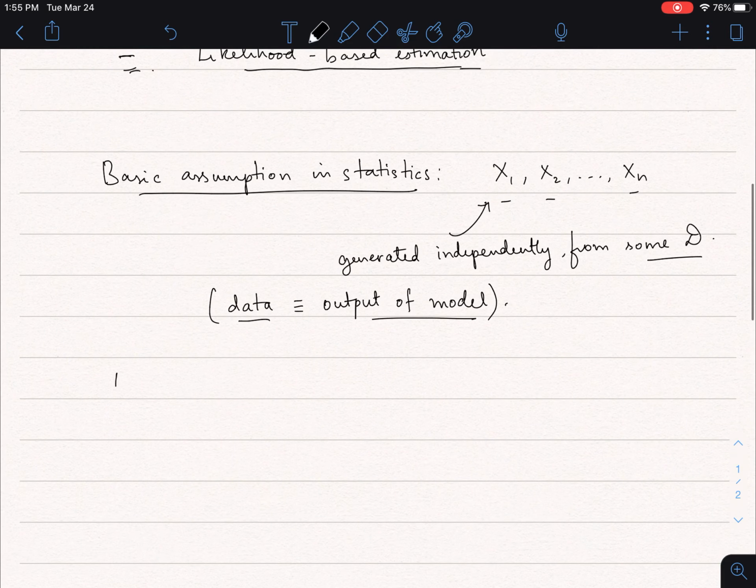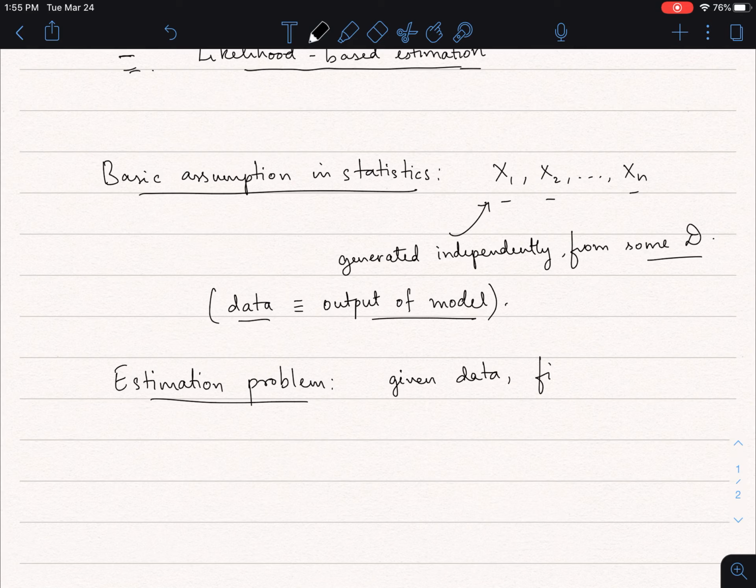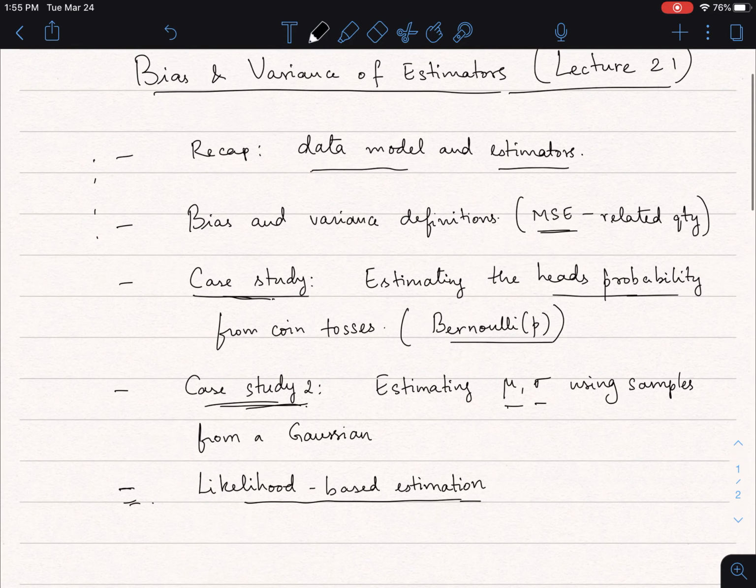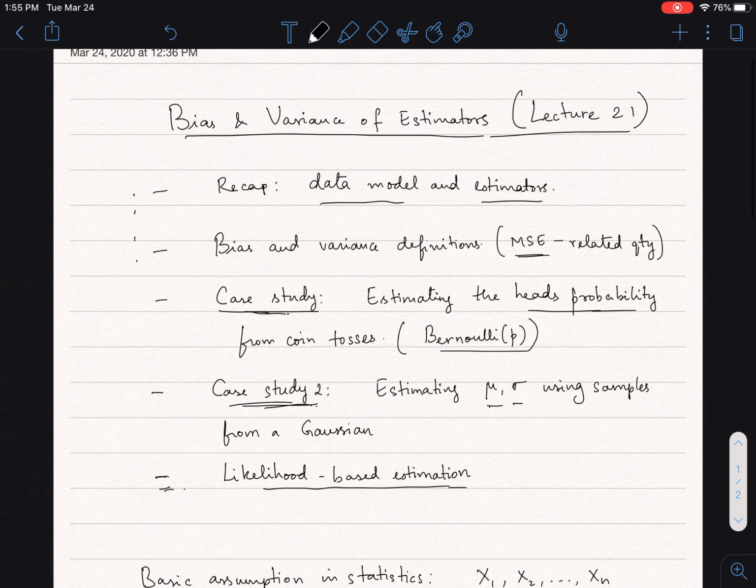So the estimation problem is, given data, find the parameters of the model.